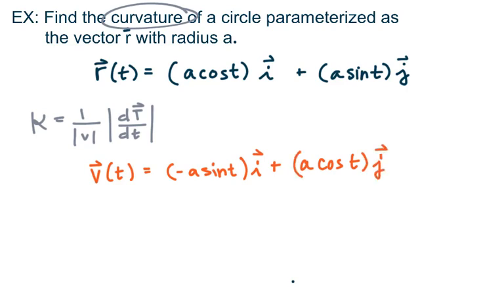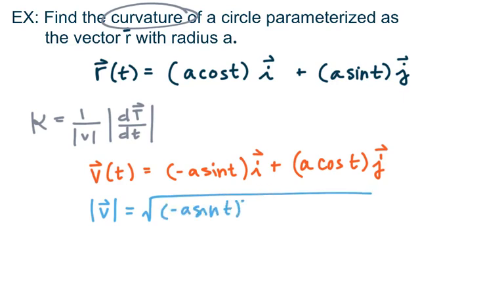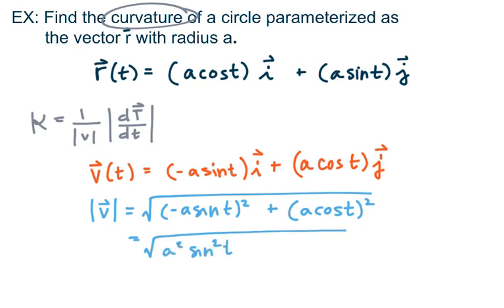All right, so we need the magnitude as well for this. My magnitude, the magnitude of v, is the square root of negative a sine t squared plus a cosine t squared, which is the square root of a squared sine squared t plus a squared cosine squared t.